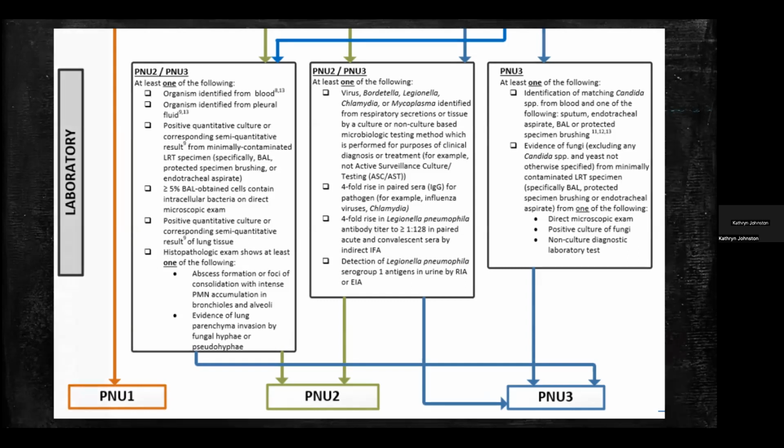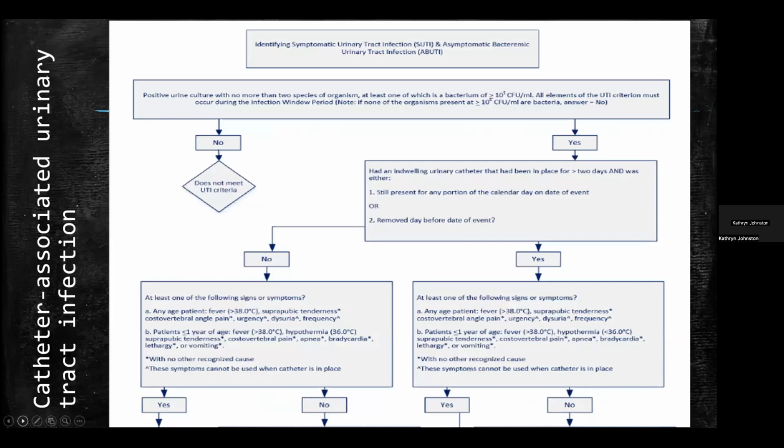And then when you talk about catheter-associated urinary tract infections, they're categorized as symptomatic or asymptomatic, which is what's here. And then the criteria, again, is a combination of clinical and microbiological data.